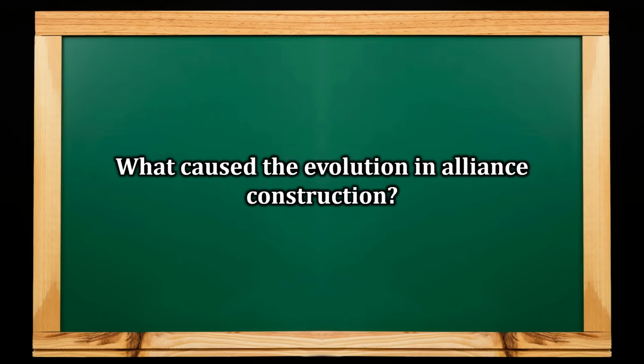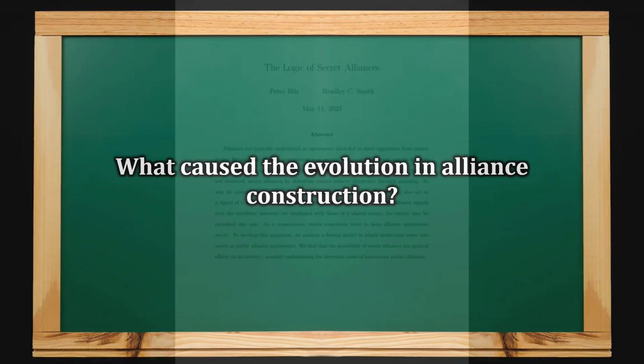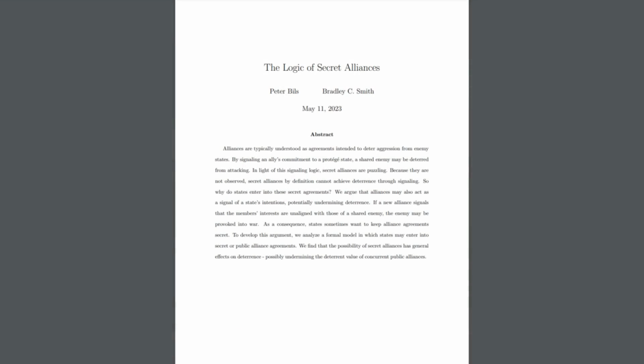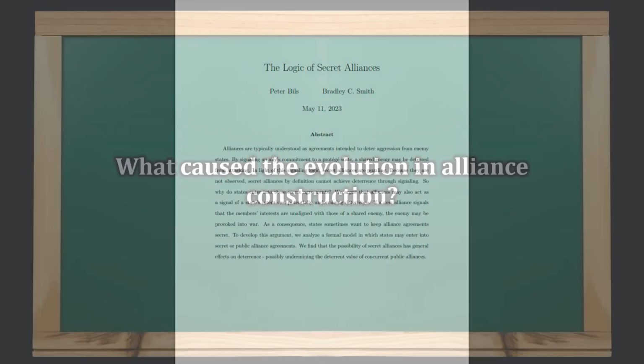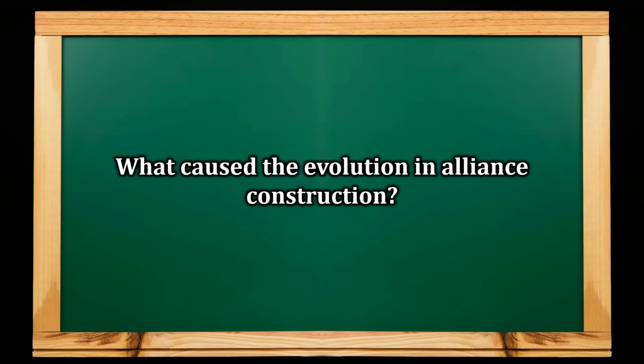That's a great question, and scholars are still working this out, but I'll talk about a couple of forces. In some work with my Vanderbilt colleague Peter Bills, we set out to understand secret alliances. And this led us to think about two forces that have changed that might account for some of these changes in the way alliances look now versus how they did in earlier periods. So one of these changes is a big change in the distribution of interests in the international system.